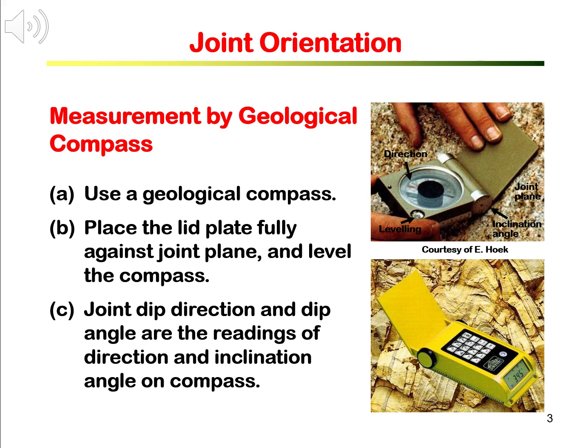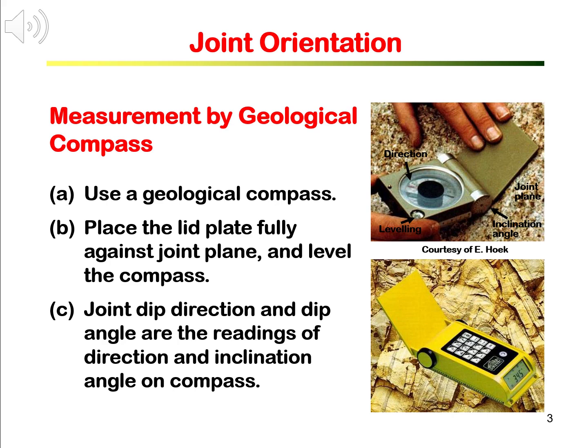By adjusting the compass body, we can level the compass by making the leveling bubble go to the center. The reading on the compass is the dip direction of the joint plane. The inclination angle of the lid plate is in fact the dip angle of the joint plane.